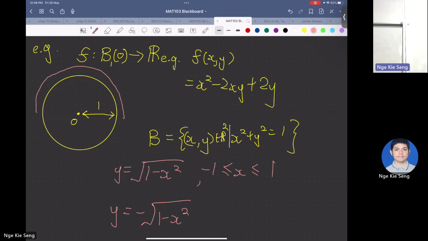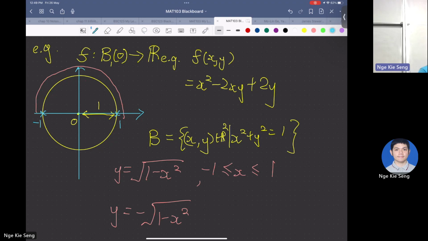So my x running from, okay, so behind your mind, you should think of this sphere sitting on the xy plane, and I already plot the origin. What is the x we are considering? We are considering x from -1 to 1.